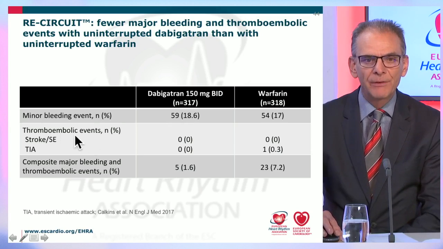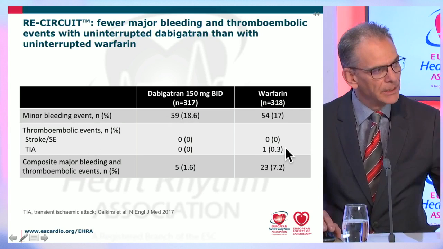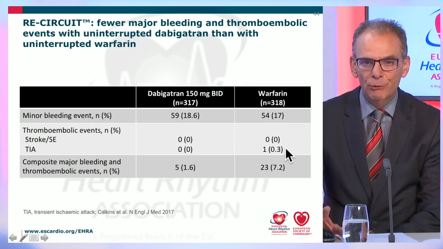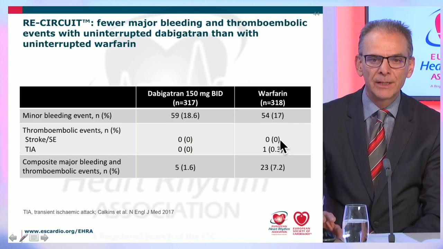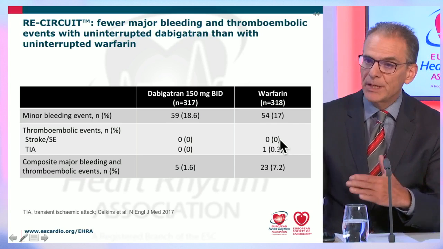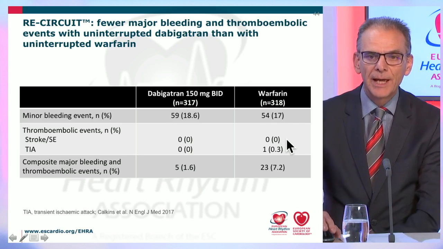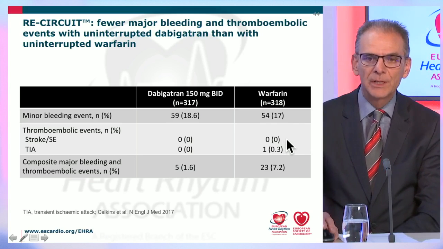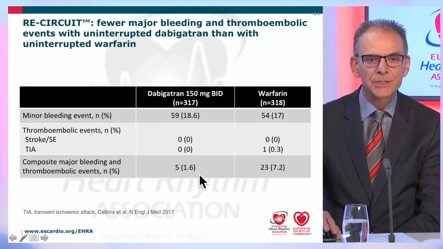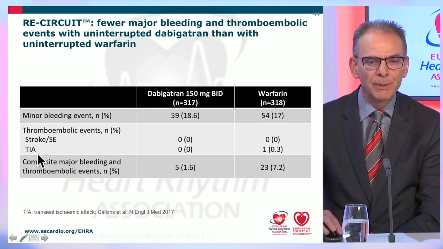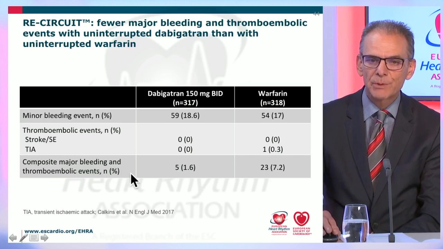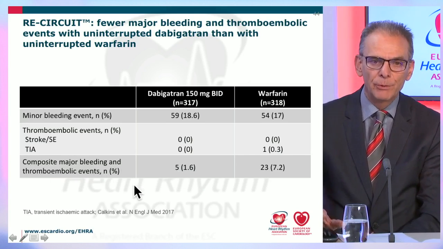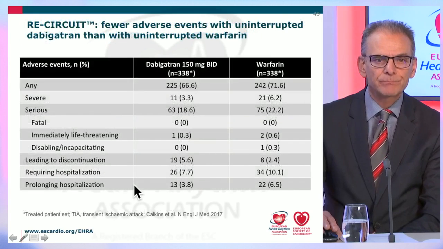There was only one thromboembolic event, so again, like in the VENTURE-AF trial, a very low rate of thromboembolic events in the RE-CIRCUIT trial, which speaks to the quality of the centers and the accuracy of the investigators. If you combine this and build your composite endpoint of major bleeding and thrombotic events, you can see this difference, which was already evident if you look only at the bleeding events.